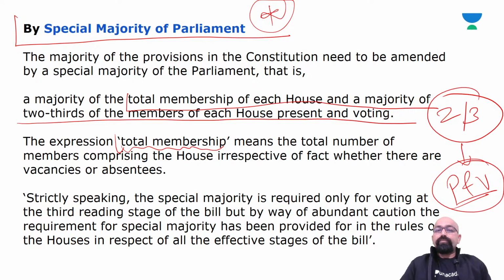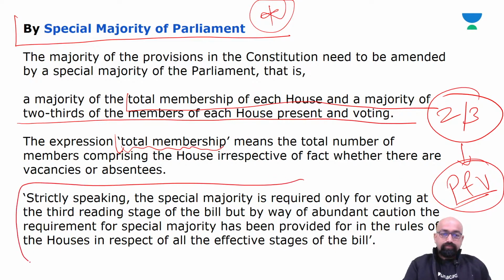So the special majority is required only for voting at the third reading stage of the bill, but by way of abundant caution, the requirement for special majority has been provided for in the rules of the houses in respect of all the effective stages of the bill.